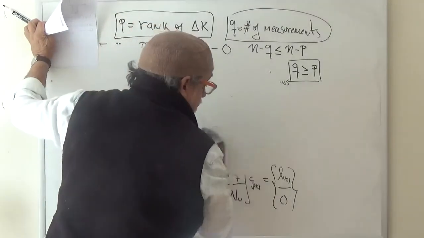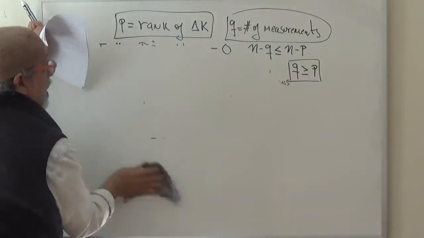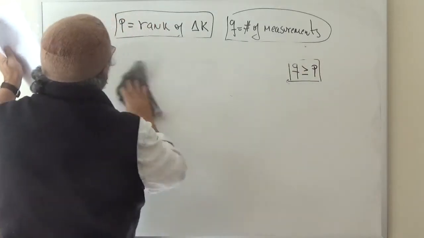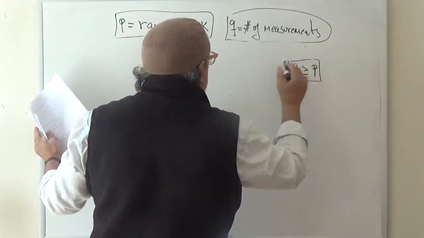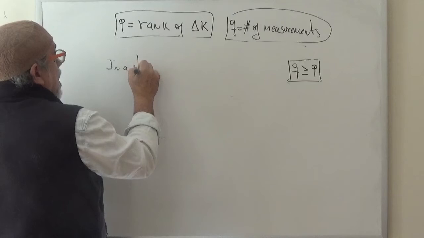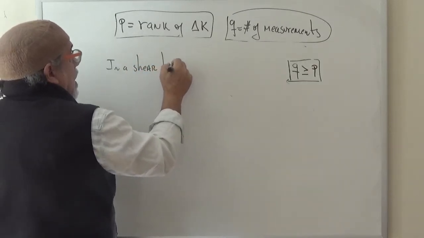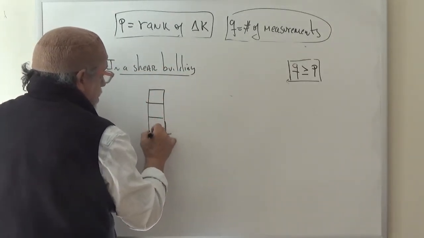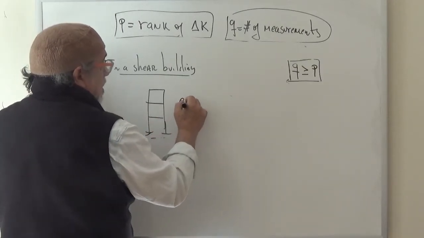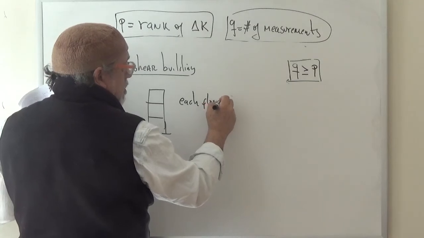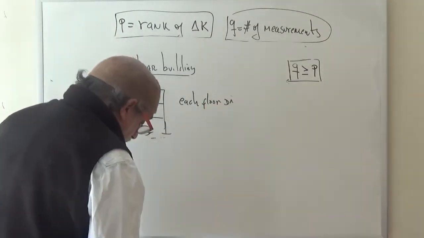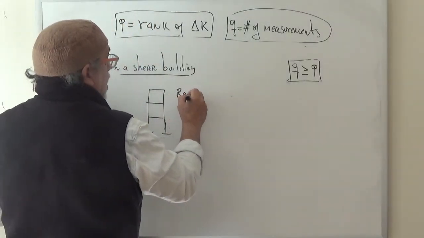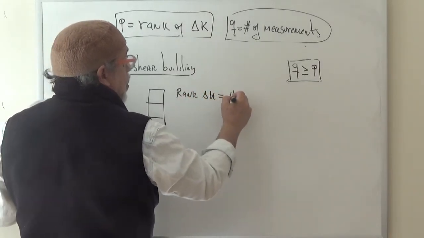So if you have, in a shear building, for example, I can just say the rank of delta K in a shear building is equal to the number of floors damaged.